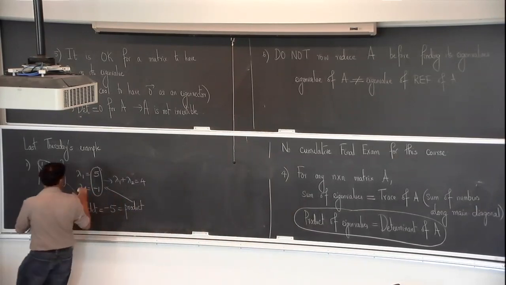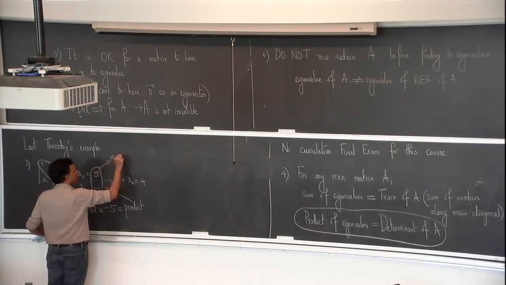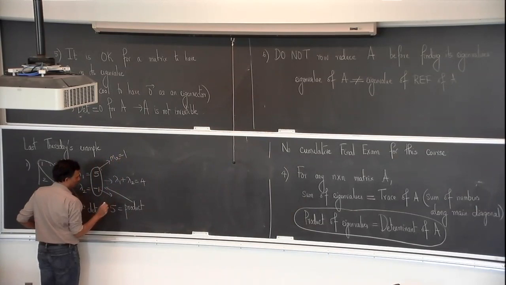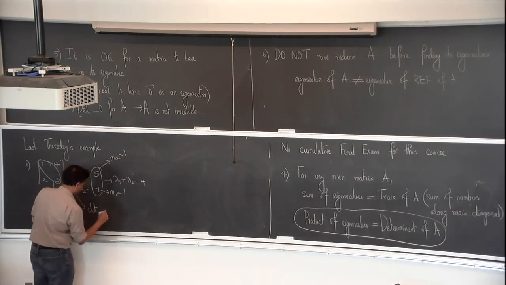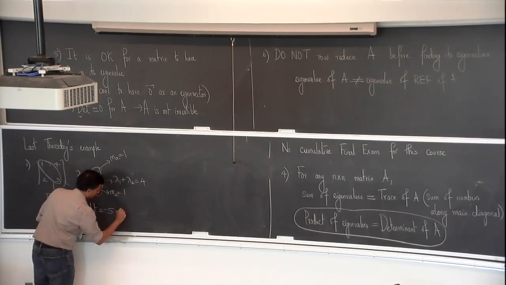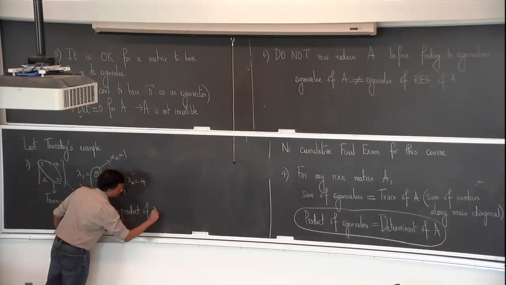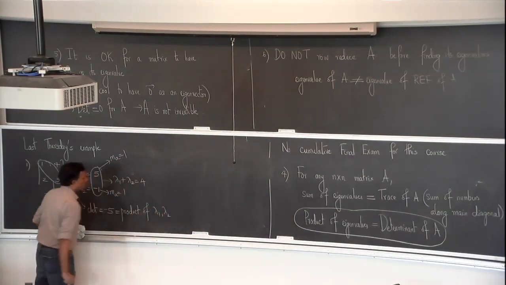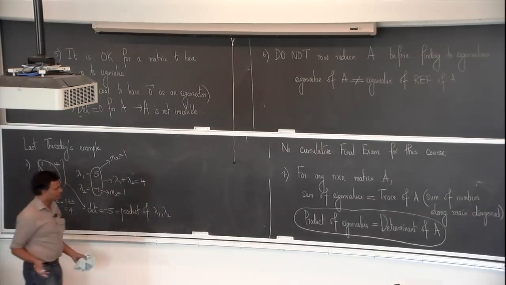In this case, the eigenvalues were not repeated, so the algebraic multiplicity was 1 and 1. If there is no eigenvalue that is repeated, the multiplicity is pretty much a formality.